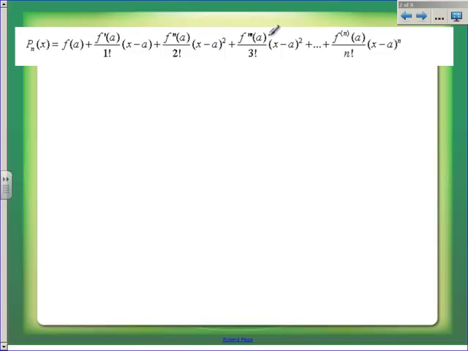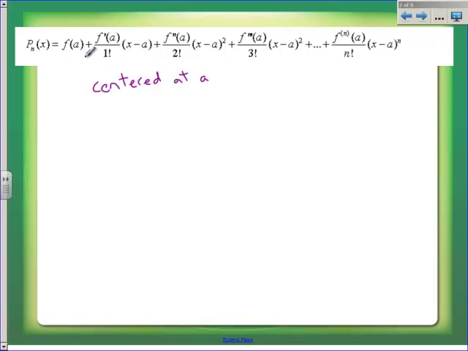What's in parentheses there, those a's, that's the center. So what I mean by that is the x coordinate we're looking at is the a. So for example, if we were centering this at 2, all of those a's would be replaced with 2's.